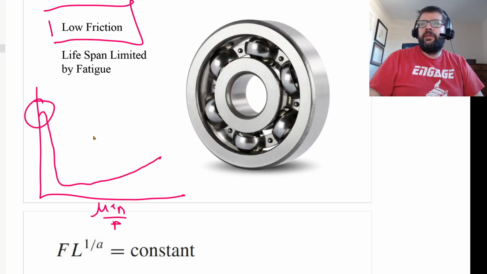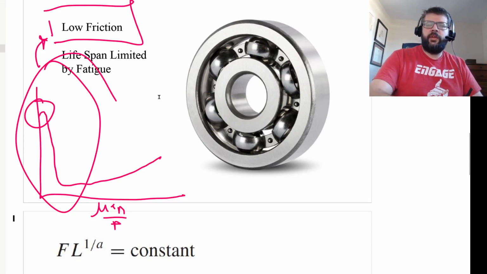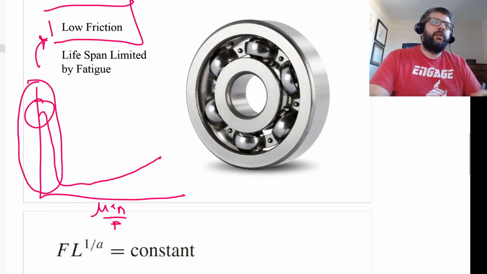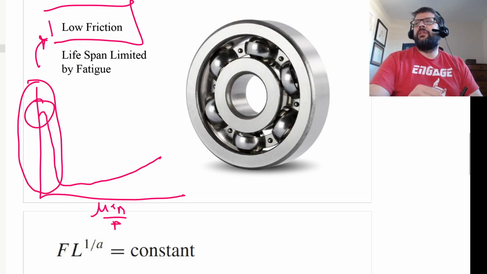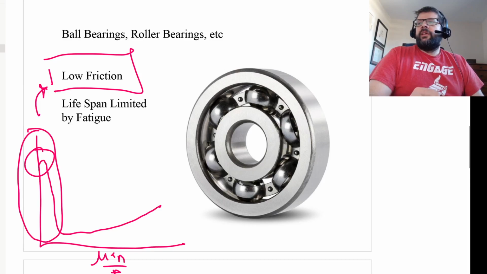When you're in this region here, the friction is being caused by metal on metal contact, and that's causing a lot of wear. So using a roller type bearing, a ball bearing or a roller bearing, can help you a lot.